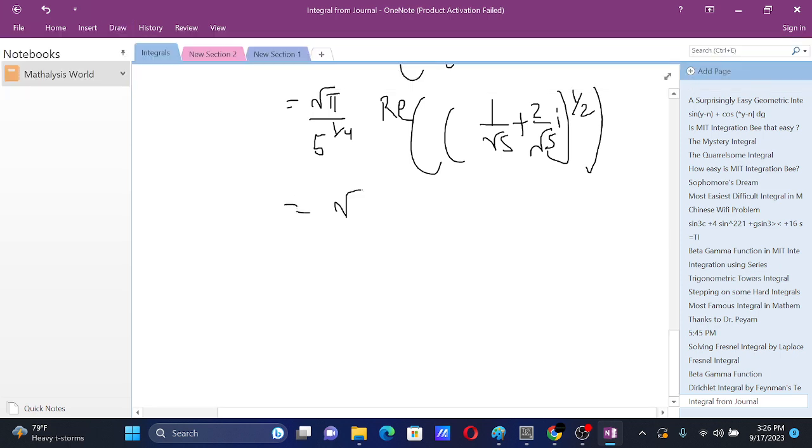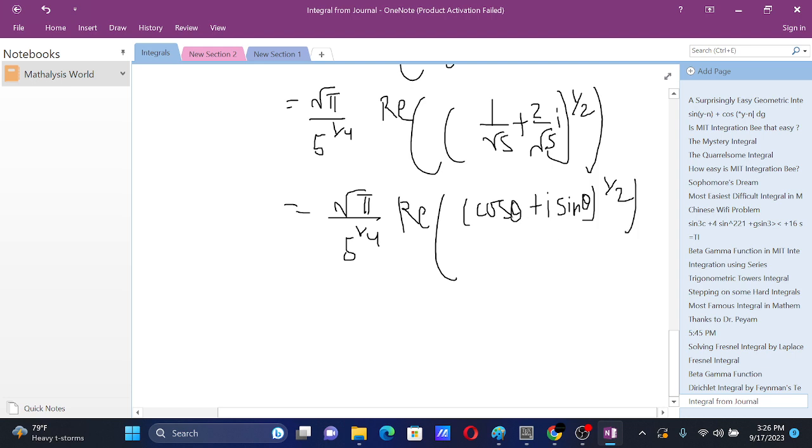So this is root pi by 5 to the power 1 by 4, real part of (cos theta plus i sin theta) to the power 1 by 2. And now in this form, the power will just come directly at the angle. That's De Moivre's theorem.